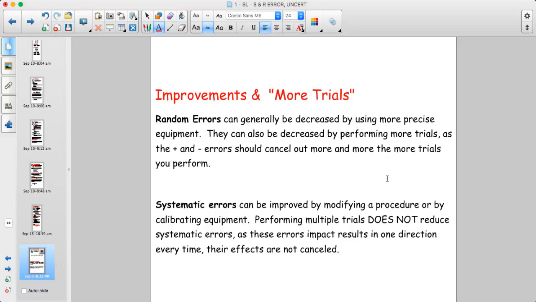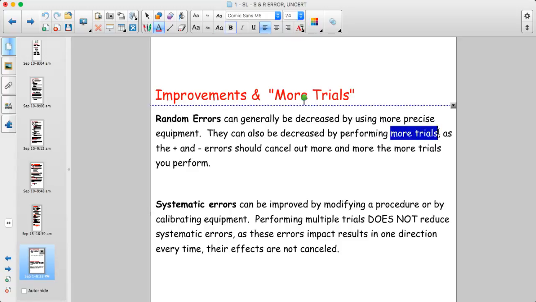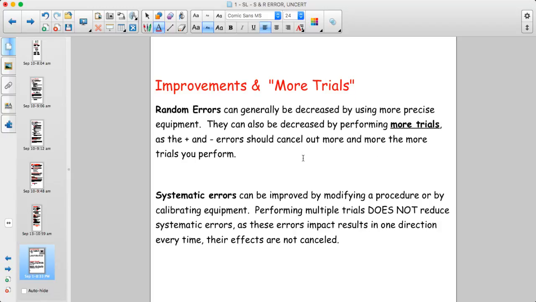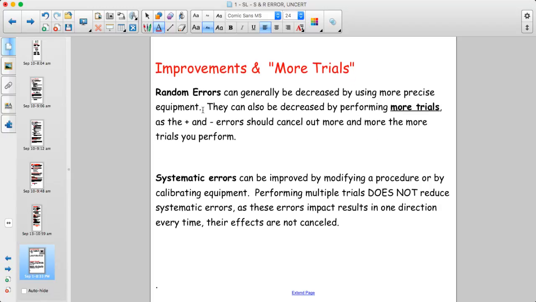You can either use more precise equipment, like a balance that reads to more decimal places. That's pretty much what you're limited to, or you can perform more trials, because with more trials, eventually the pluses and the minuses of the random errors should cancel out, and you should get an average value that's closer to the real value. So more trials can be a suggestion for fixing or improving random errors.